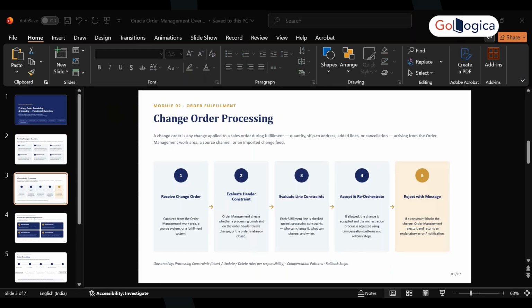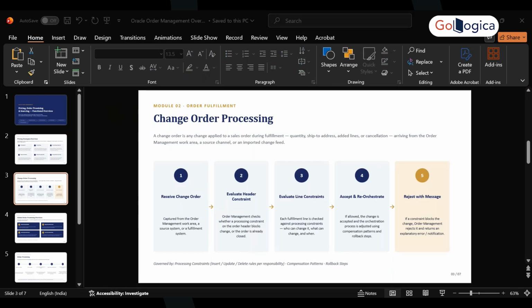Instead of making partial updates, Oracle keeps the original order unchanged and returns an appropriate error notification. Examples include: the order has already been closed, the fulfillment line has already been shipped, the user does not have sufficient privileges, a processing constraint blocks the requested modification, or the requested field cannot be updated at the current fulfillment stage. These messages help the user understand why the modification cannot be performed and maintain the integrity of the order fulfillment process.